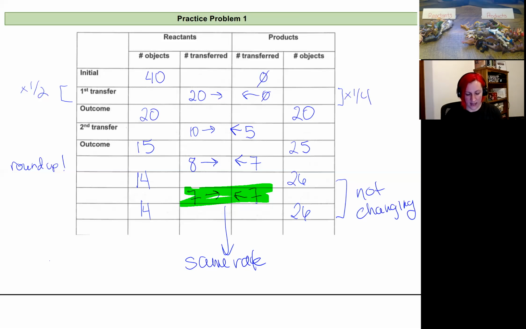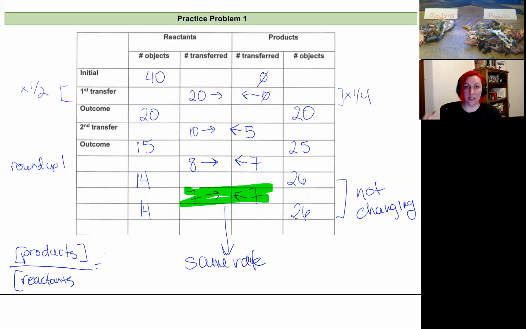We have to have some sort of formalization, so we're always characterizing a ratio in the exact same way. We'll always characterize it as the products divided by the reactants. We'll talk about this in the next lecture a lot, but let's just take a look at what it would be here.